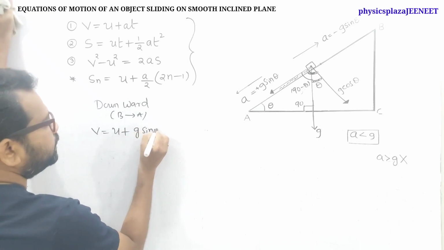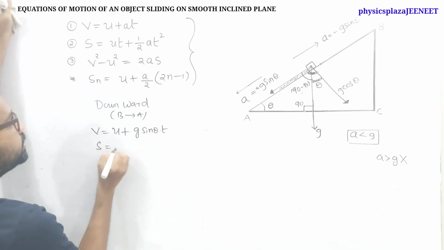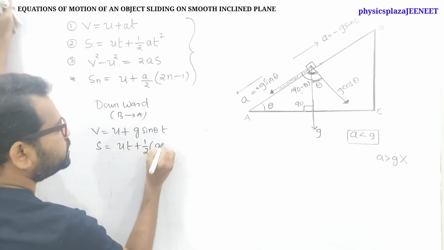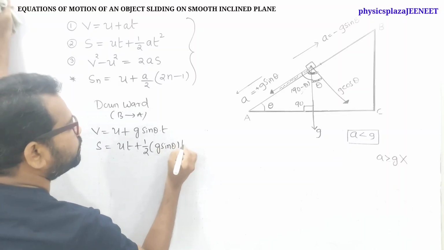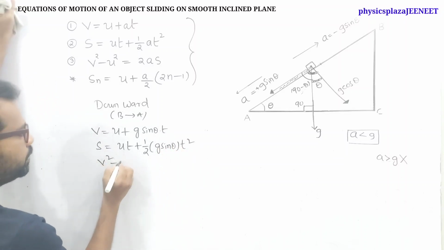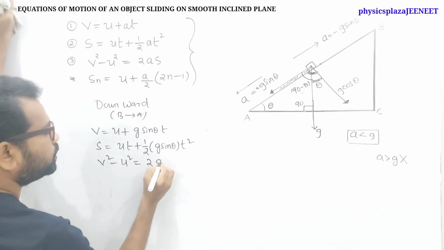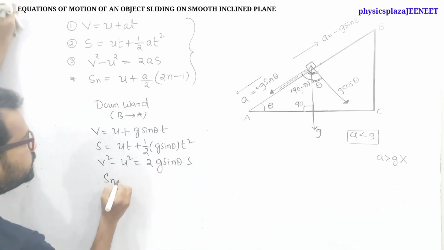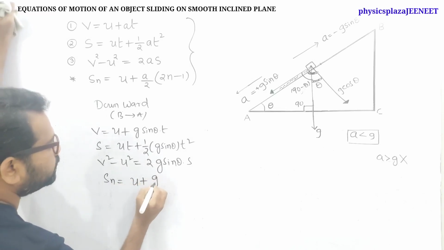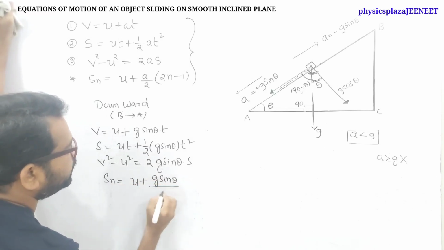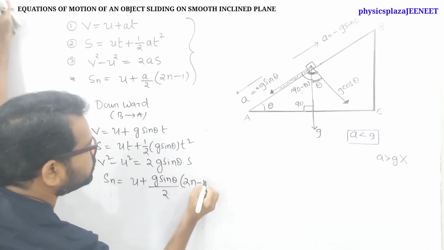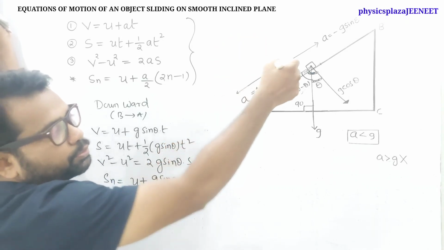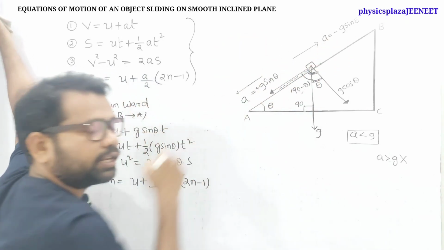S is equal to ut plus half G sin theta T square, and V square minus U square is equal to 2 G sin theta into S. Next, Snth is equal to U plus G sin theta by 2 into 2n minus 1. So these are the equations of motion for an object sliding on a smooth inclined plane in the downward direction.